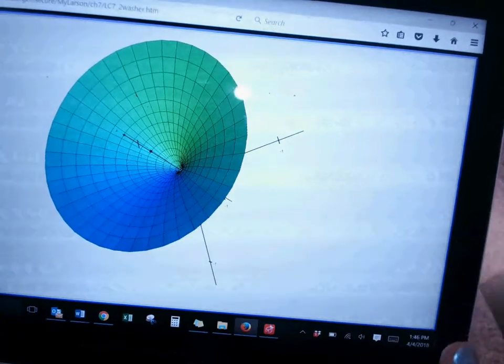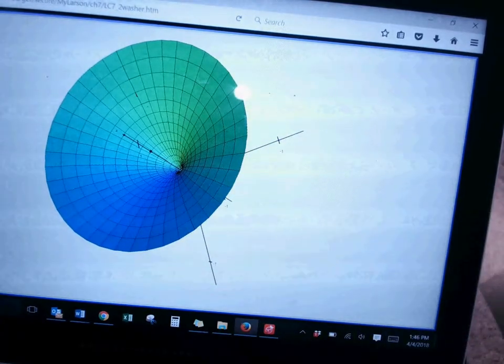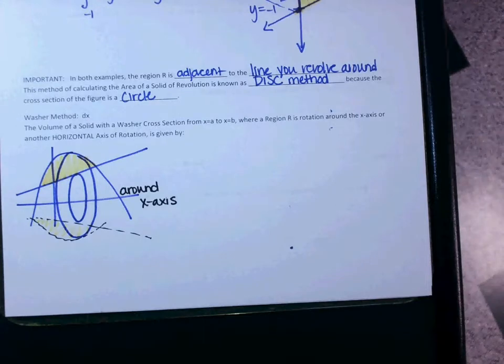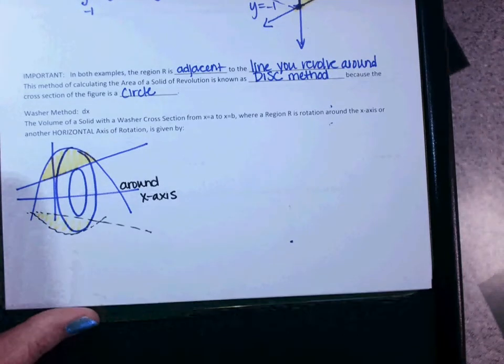Does that make sense? A washer has a, okay, now for my ladies here, or maybe, I don't know, maybe some of y'all know this. Washer goes with a nut and a bolt, and it has a hole in the middle. I call it donut method because who doesn't like donuts? But a washer is just a little thing with a hole in the middle, which I never would have known ever until this came around.